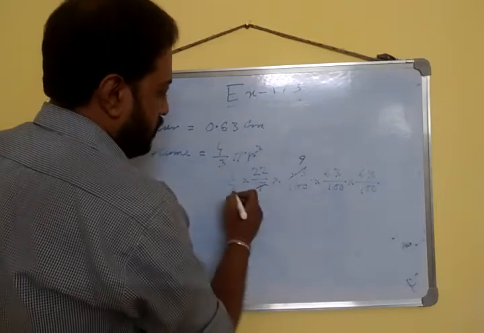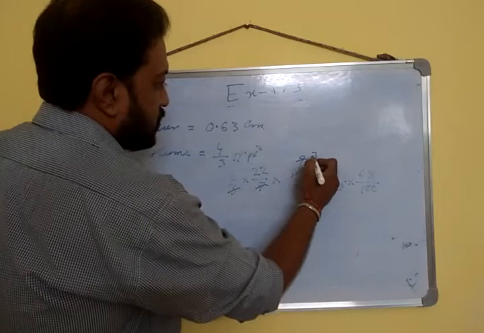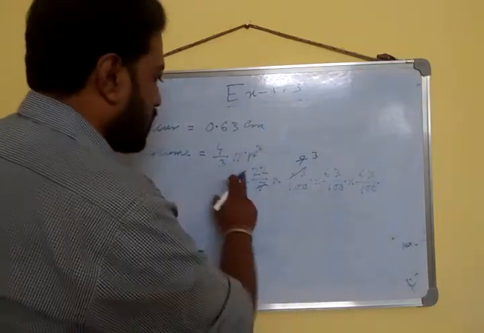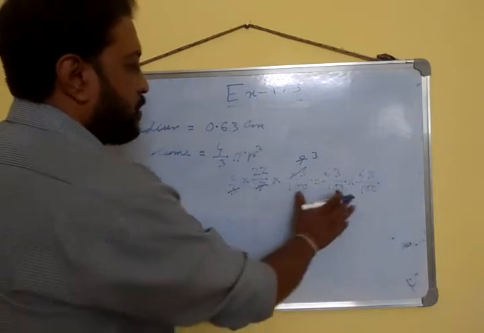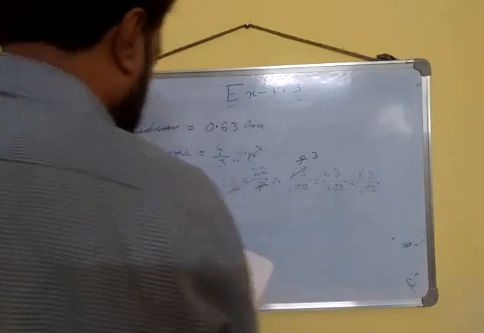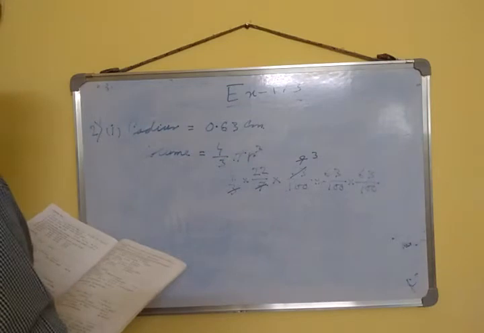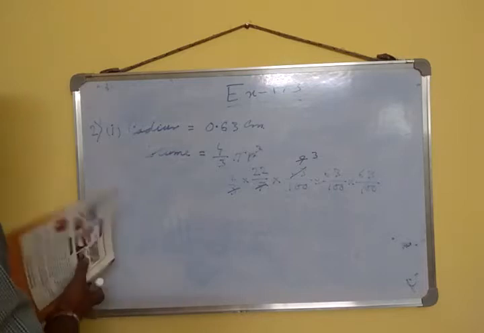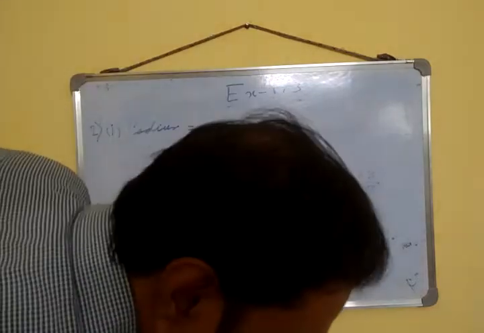It is 9, cutting by this 3, it is 3. I can do the calculations and cut this down, but I am keeping it to put it in decimals. So approximately, if I calculate it, how much will I get?